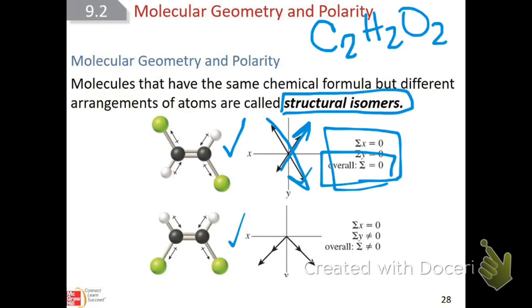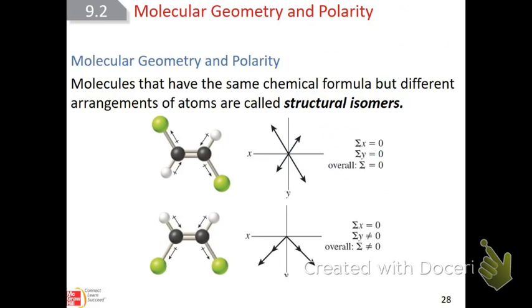This is more of a Chem 2 question, though. But cis means the same side, and trans means opposite sides. So this molecule down on the bottom right here is cis because our two oxygens are on the same side.